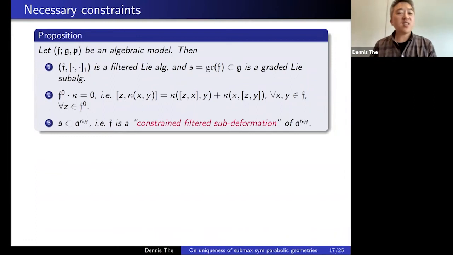There are some immediate consequences that help you along the way. Namely, if you have an algebraic model, then this is a filtered Lie algebra. S is a graded Lie subalgebra. We saw that in the definition, F0 inserts trivially, but actually it also acts trivially on kappa. It annihilates kappa. And then further, if you take the associated graded, this graded subalgebra is contained in this extrinsic Tanaka prolongation.